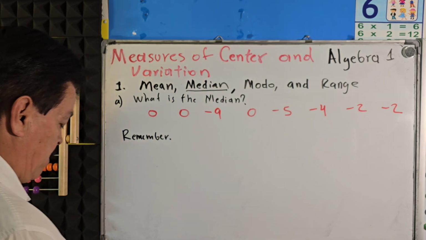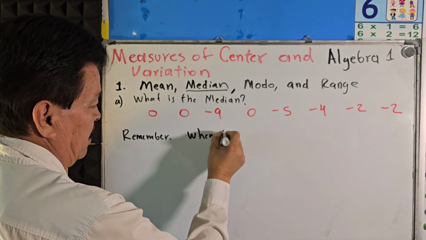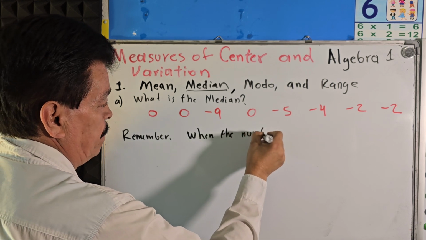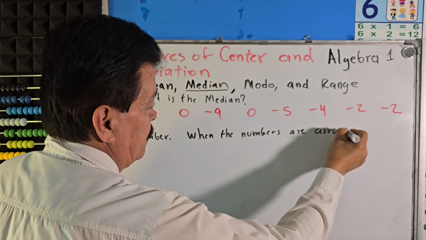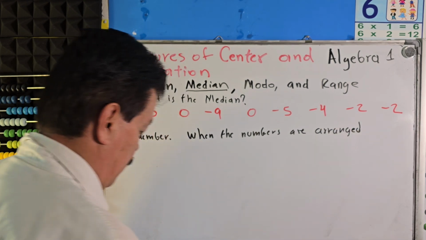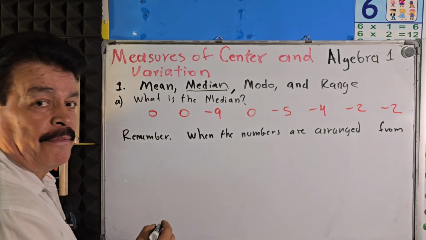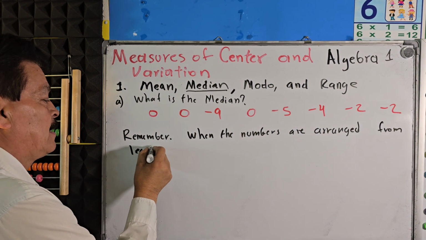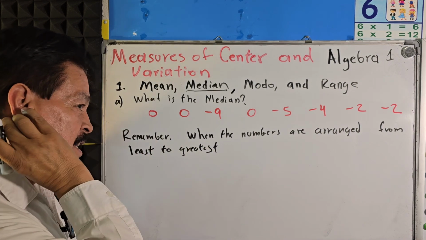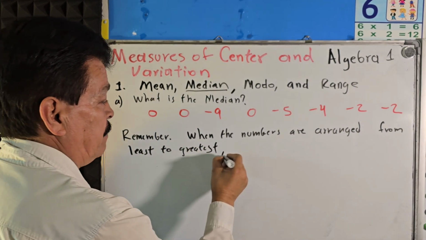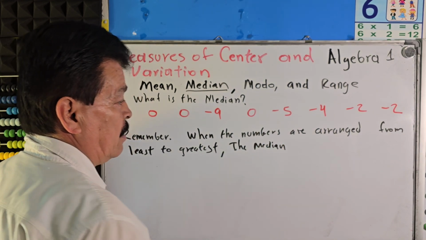So this is the main point. When the numbers are arranged from least to greatest, look at this, from least to greatest, the median, what is the median?